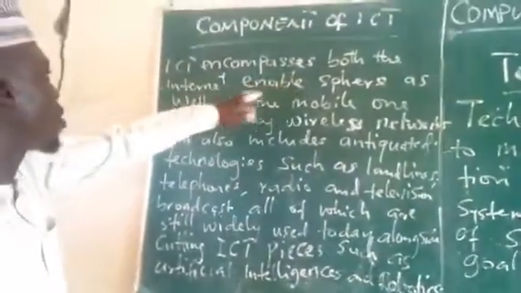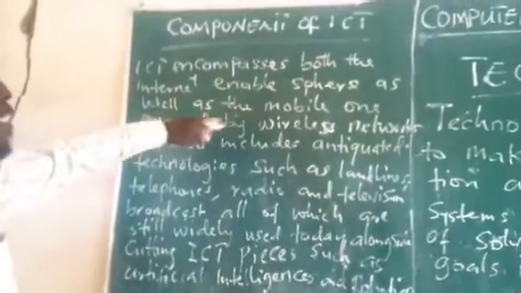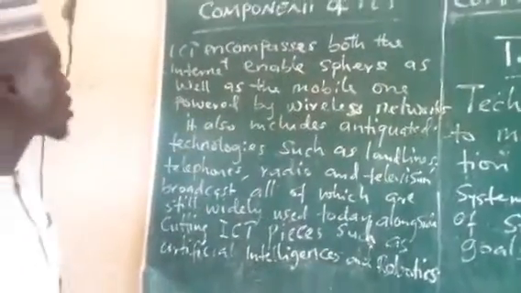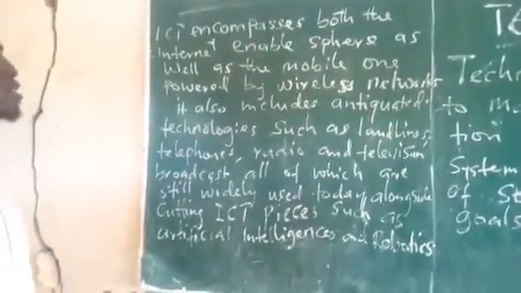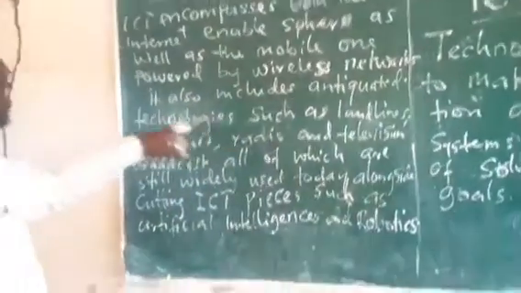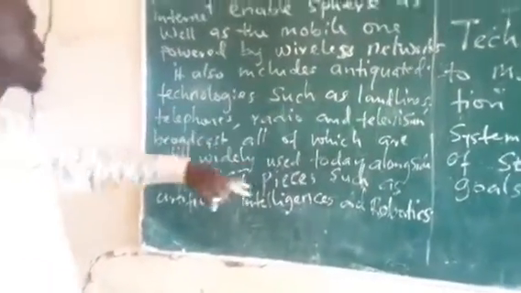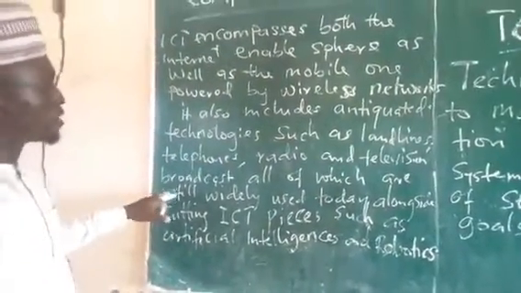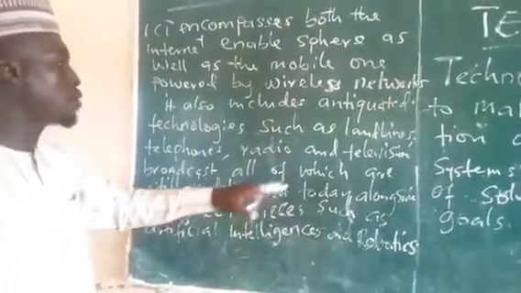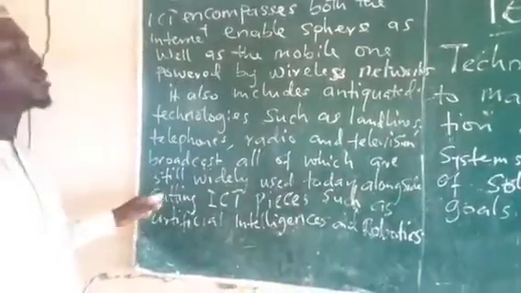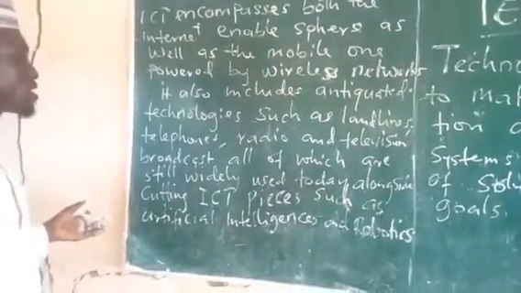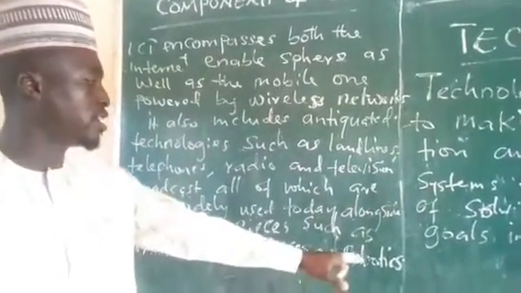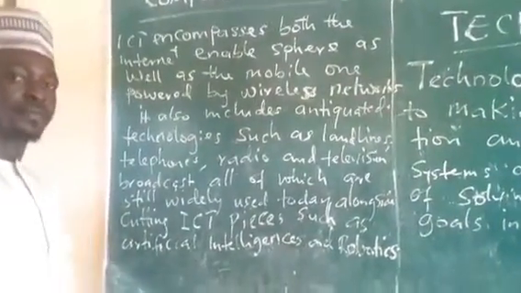ICT encompasses both the internet-enabled sphere as well as the mobile one powered by wireless networks. It also includes antiquated technologies such as landlines, telephones, radio, and television broadcasts, all of which are still widely used today, alongside cutting-edge ICT pieces such as artificial intelligence and robotics.